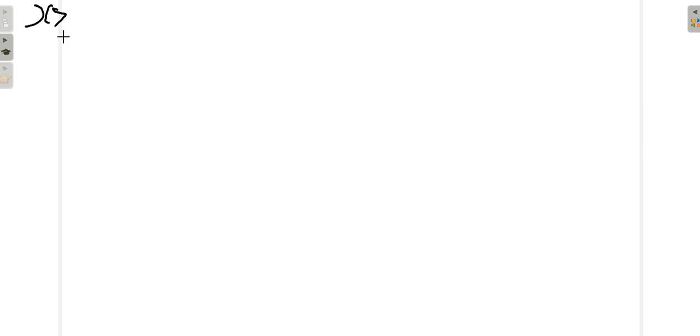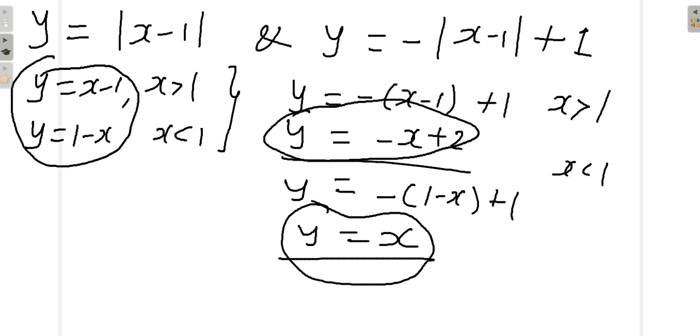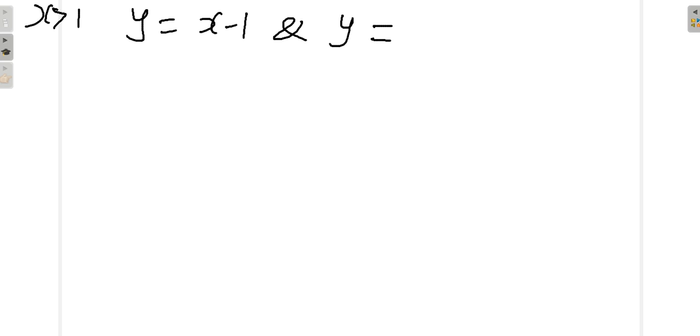For x greater than 1 we have y equal to x minus 1 and minus x plus 2. So let us draw these two graphs when x is greater than 1.